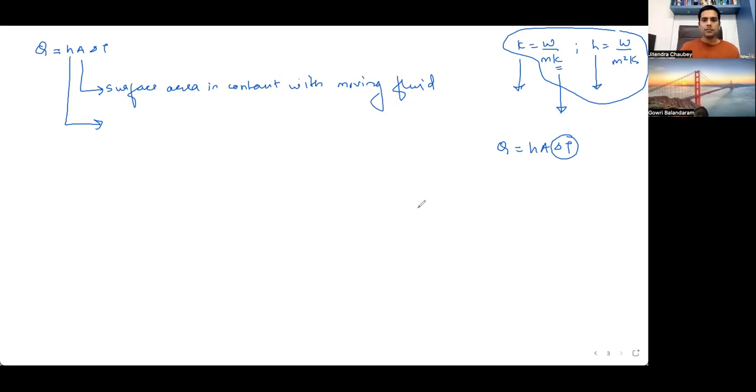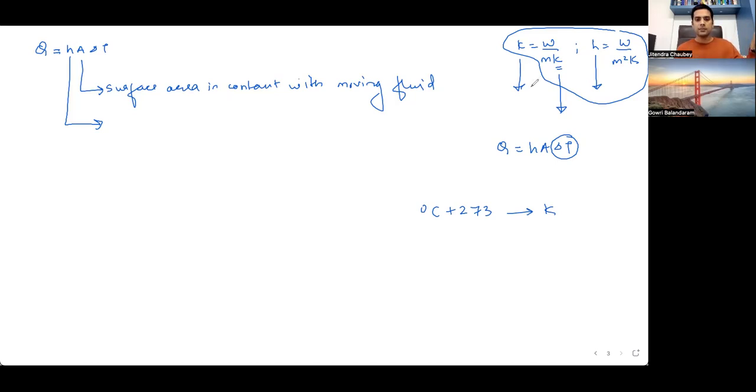If temperature is given in degree Celsius, you simply add 273 and it becomes Kelvin. If there are two temperatures in degree Celsius or in Kelvin, the difference is always the same. So if k is given in watt per meter degree Celsius or watt per meter Kelvin, the unit need not be changed.